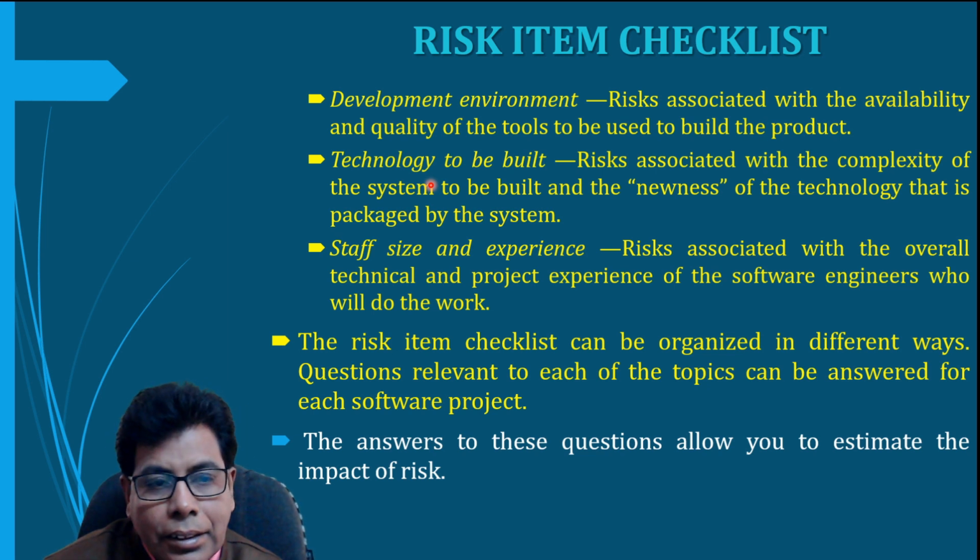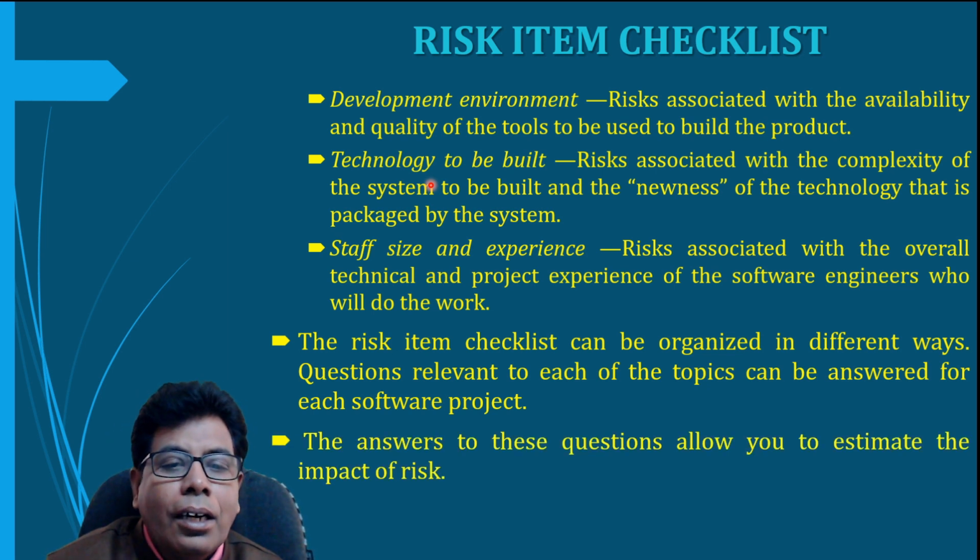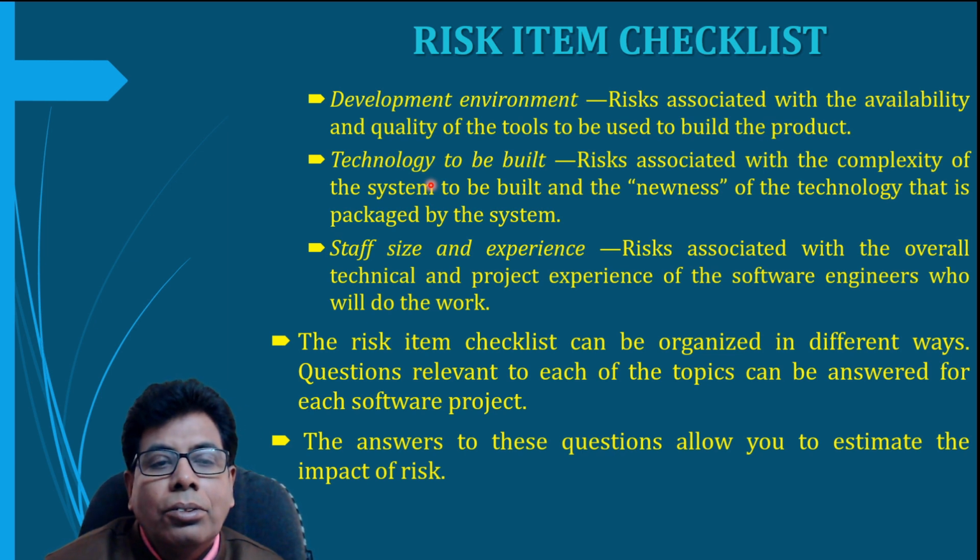The answers to these questions allow you to estimate the impact of the risk. So this is how the risk atom checklist and the questions associated with each atom can be used for estimating the impact of the risk.